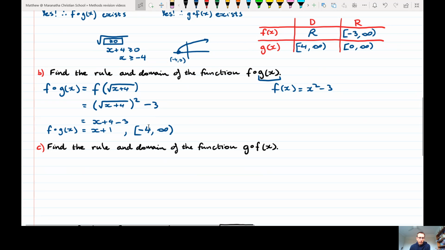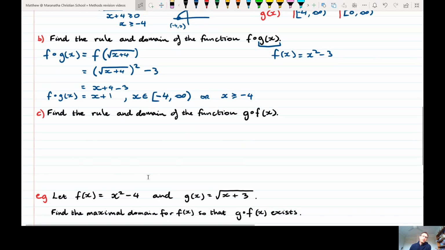In fact, I should have put x before it, but I managed to miss that. Sorry, we should put x is an element of that, or you could have written x is bigger than or equal to -4. Either one would have been fine. Don't write both, just write one or the other. But it said the rule and domain, so I've included the rule and I've included the domain. Let's do the other one.